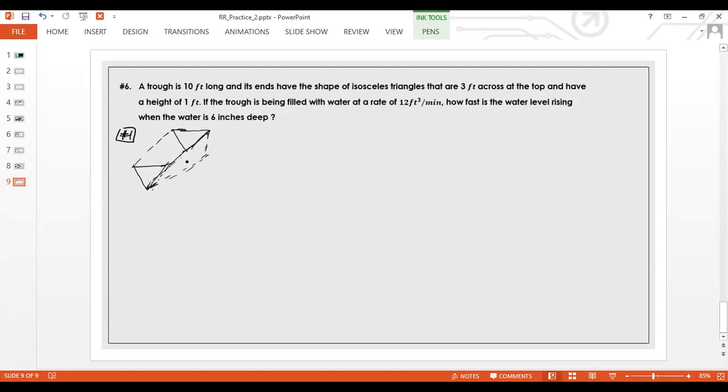Wow, so I guess this is kind of like a triangle. It's kind of like a triangular prism. I have a hard time drawing these. So you can see it's kind of like a triangular prism, right? This is a triangle, and this is a triangle, and it's triangle shaped all the way.